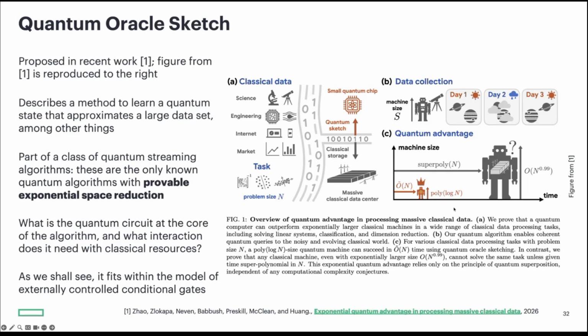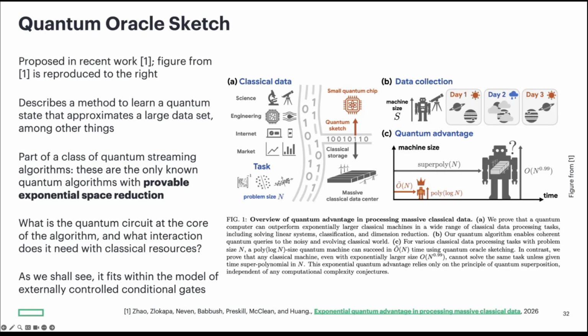They have lots of exciting and maybe contentious claims, and you can see they're having some fun putting data centers in robots. But at the core of it, what is going on in here? They're describing a method to approximate a large data set in a quantum state, and they're doing it in a way that's provably using less space, not time, but space, than any classical algorithm.